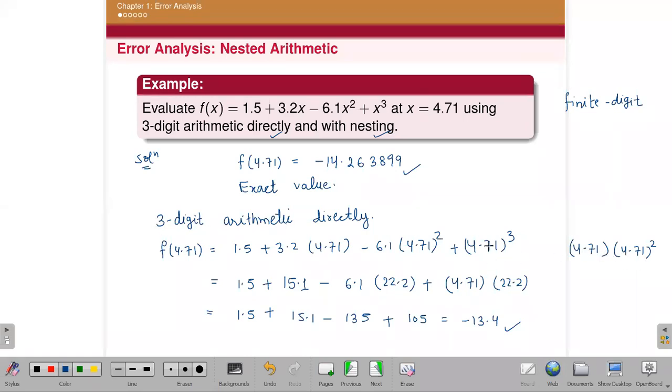In the calculator, behind the scenes, it will be 4.71 into 4.71 into 4.71. This is again a calculation. You first multiply two of them, then maintain 3 digits, because multiplying gives you 6 digits. Round it to 3 digits, then again multiply it by 4.71.